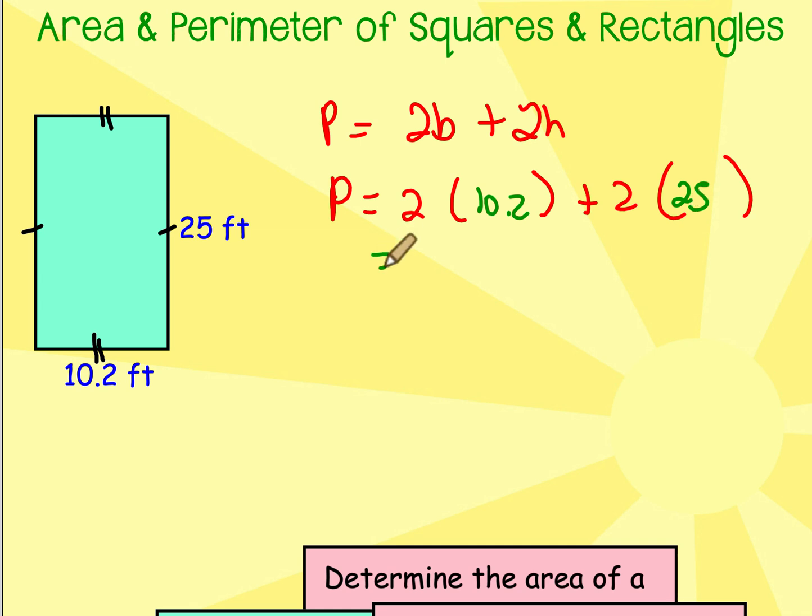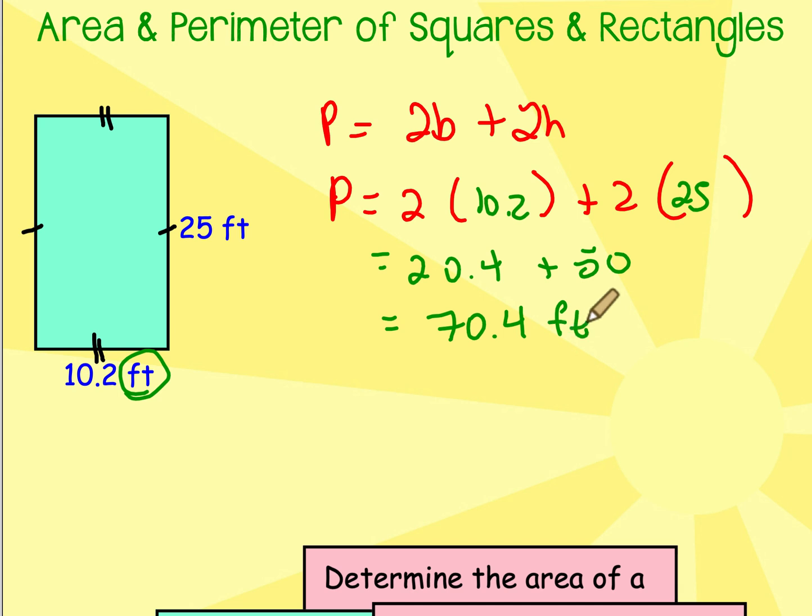And so now we do 2 times 10 and 2 tenths, 20 and 4 tenths, 2 times 25, 50. Add them together, 70 and 4 tenths, and because this is perimeter, it's a linear unit, so it's just feet. So our perimeter is 70 and 4 tenths feet.